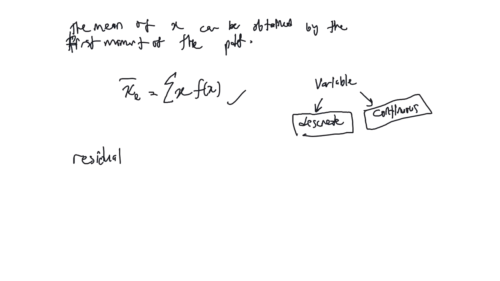So for the first data, or the ith data, the residual is xi minus the experimental mean. Okay, so this is residual.